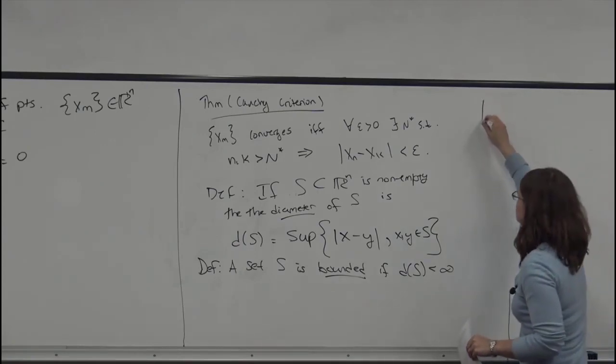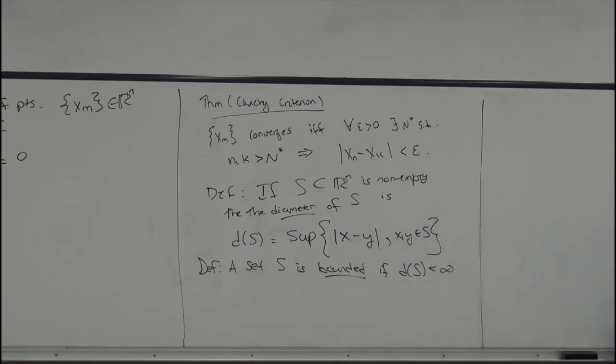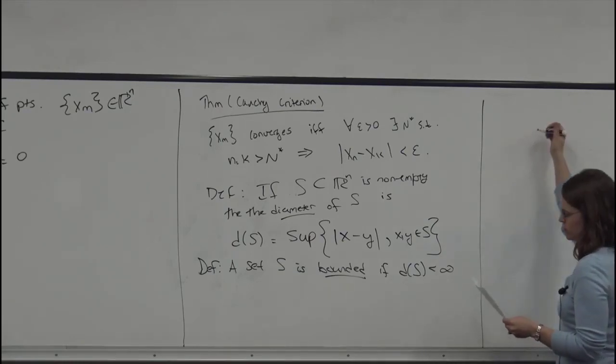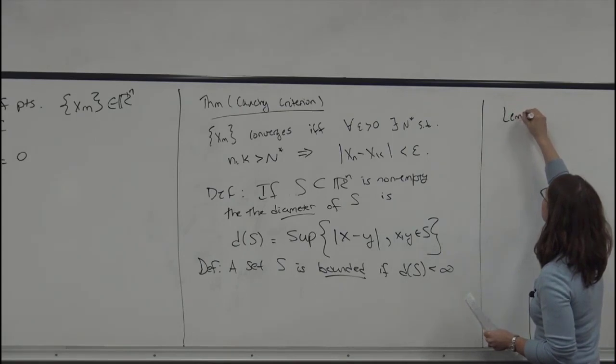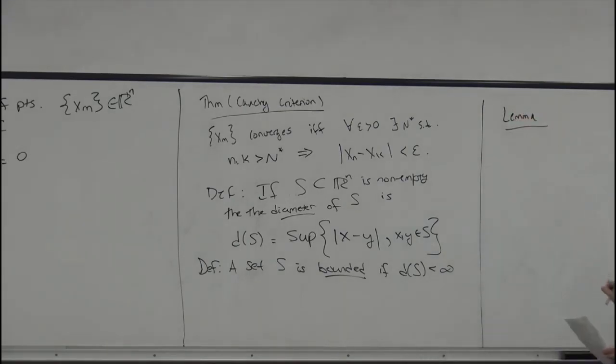I'm going to start with a little technical lemma, which we're going to use to prove our main result about compactness. So this has to do with nested sets. I'll write the lemma, and I'll try to draw a little picture to go along with it. And this is going to be a key point in our main argument.